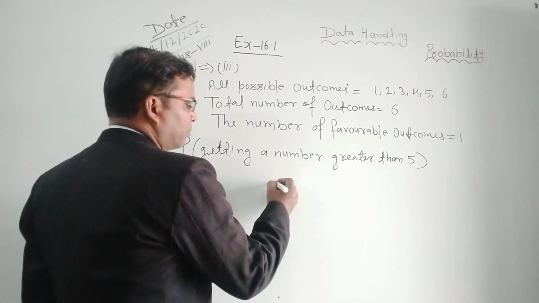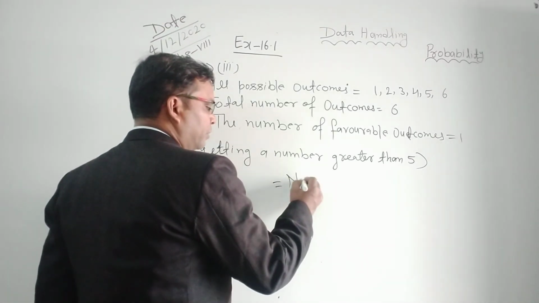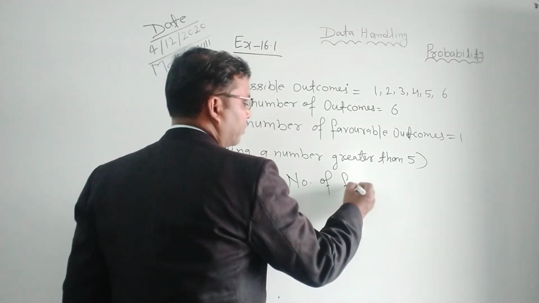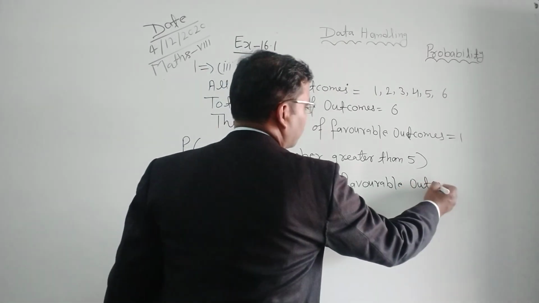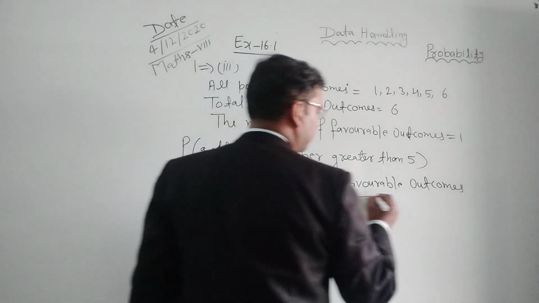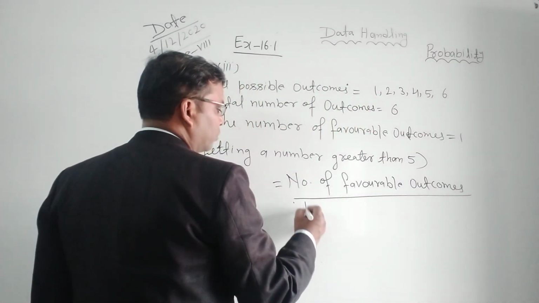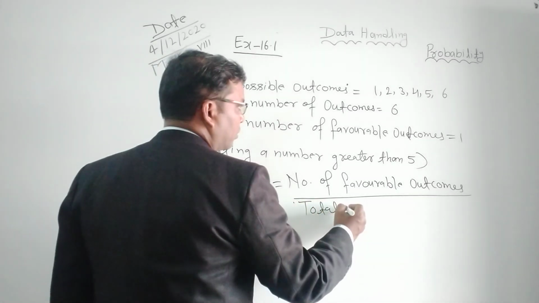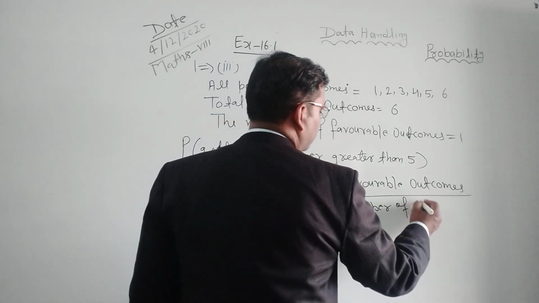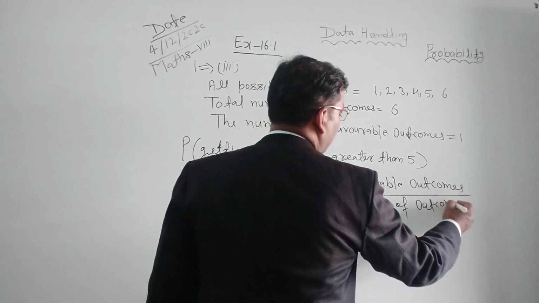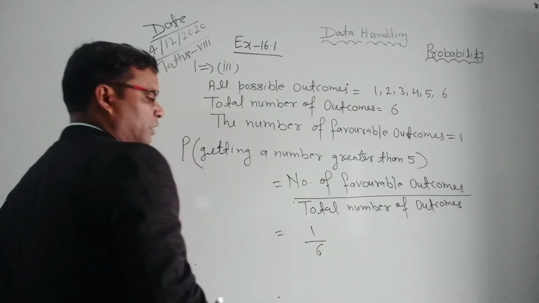The number of favorable outcomes is 1 and the total number of outcomes is 6.